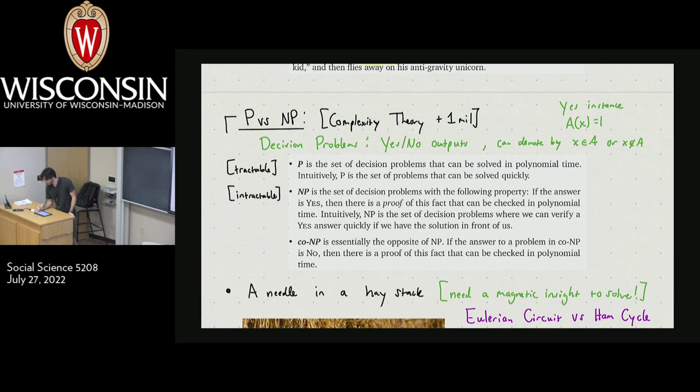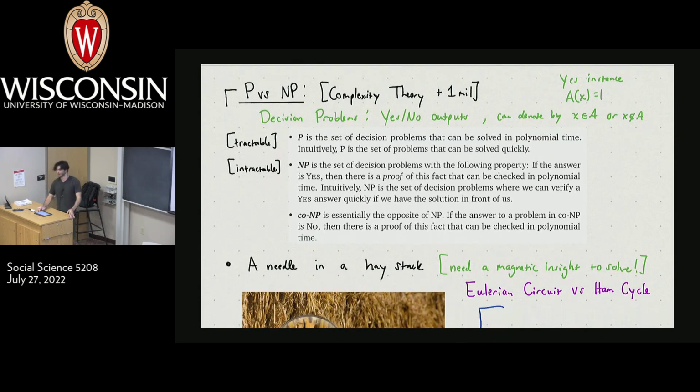On the other hand, if X is not in A, that means it's an input to the problem that has answer no. That would be, say, a circuit that has no way of getting a 1 out. Whereas a yes instance would be a circuit where, maybe if you put 1, 1, 1, 1, it becomes a 1 in its output. So those are decision problems. We've seen a bunch of decision problems before. You're doing one on the homework, which is, can we do the advertising scheme on the website?